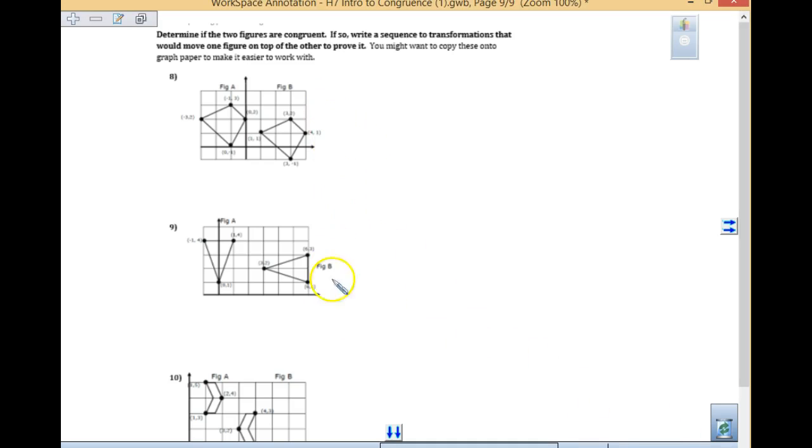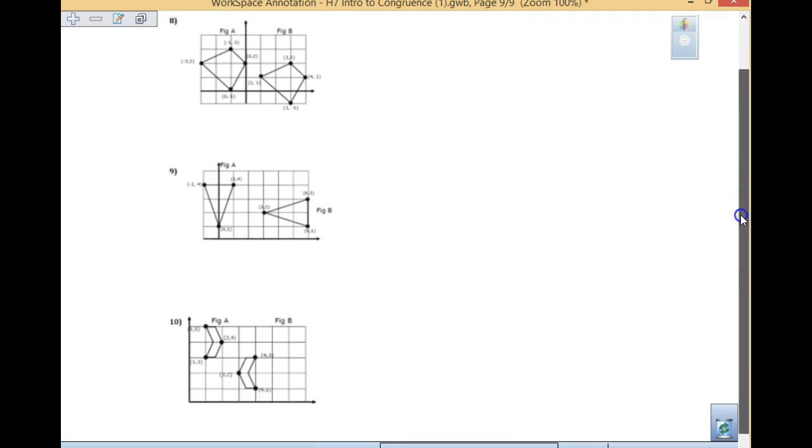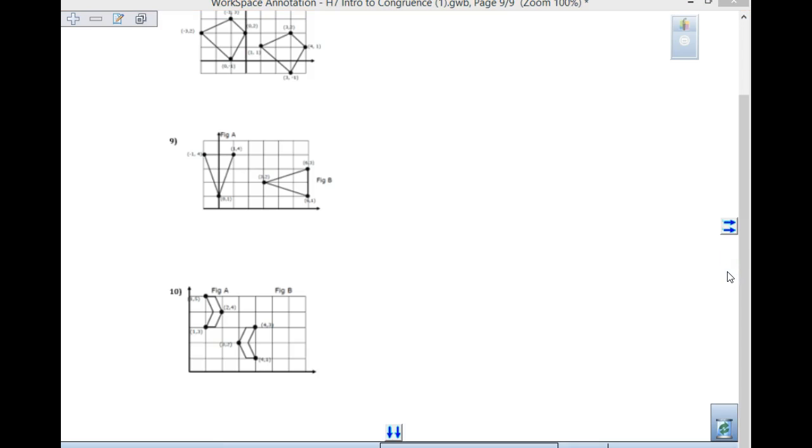Then, if you take a look at questions 8, 9, and 10 on the back. 8 and 9, most of those are pretty easy. Most of you are going to have no problem matching those up. Number 10 is a 2-step one, and we really haven't had anything like this.